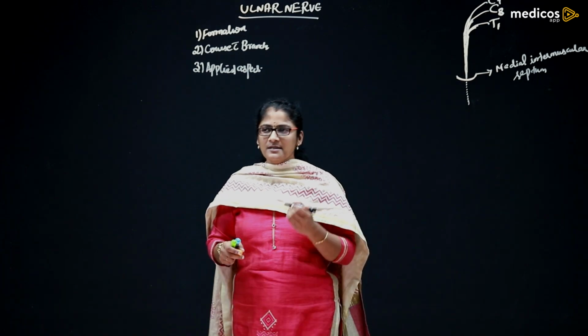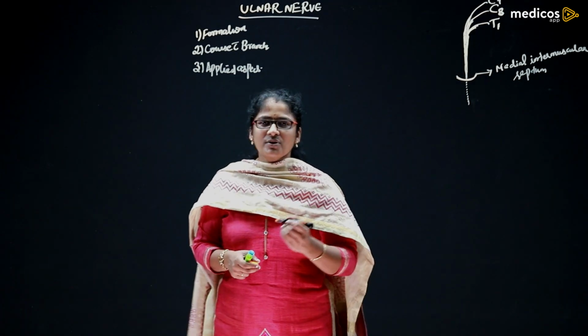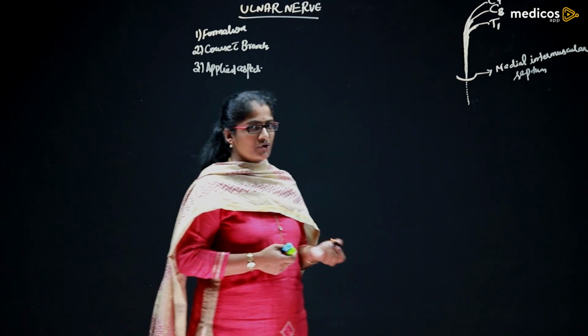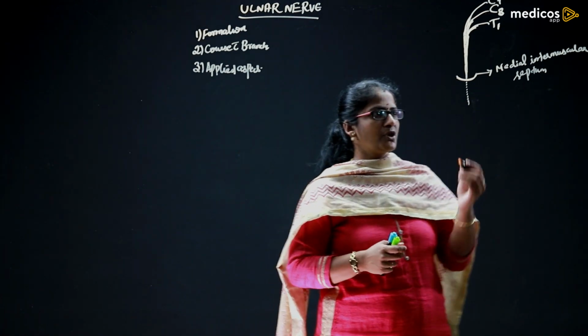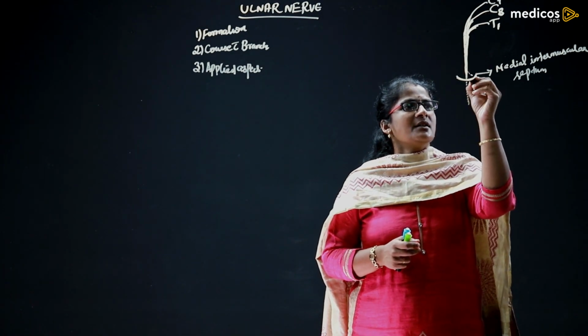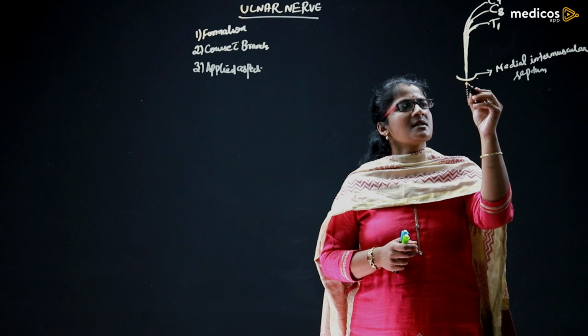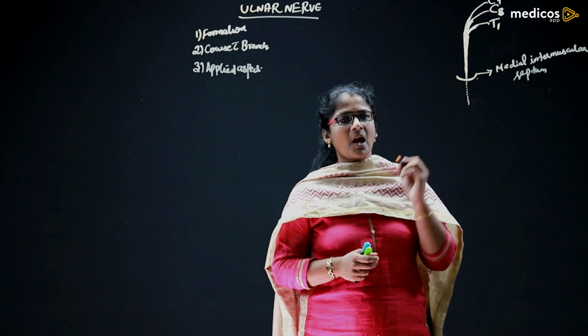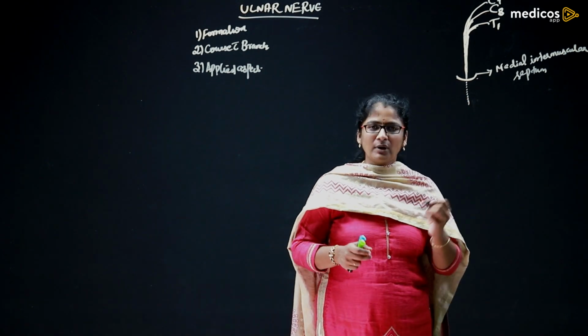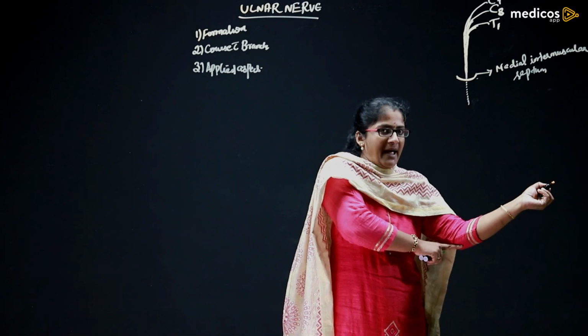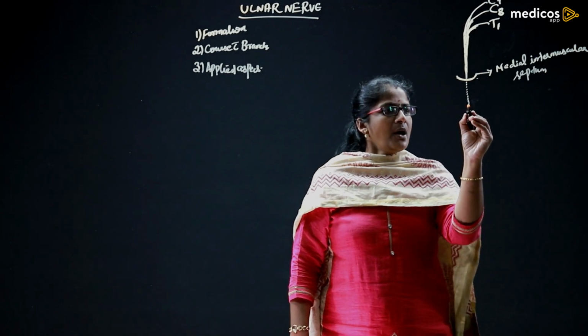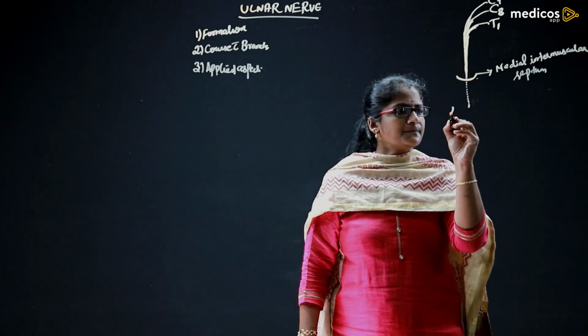We have already discussed this artery during our anastomosis around the elbow joint. So this ulnar nerve, at the middle of the arm, pierces the medial intermuscular septum along with the superior ulnar collateral artery and it goes back.